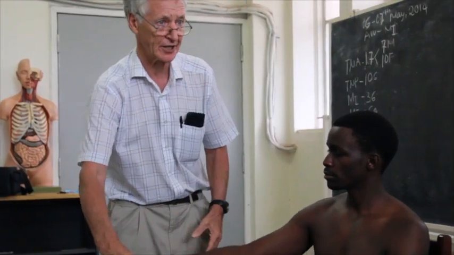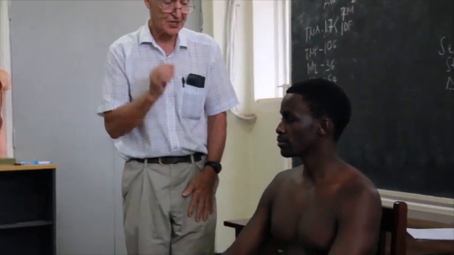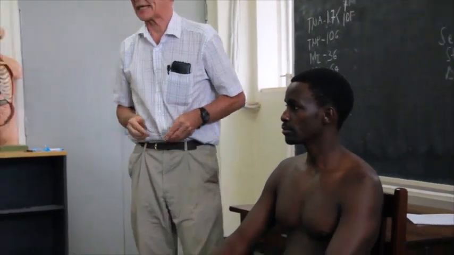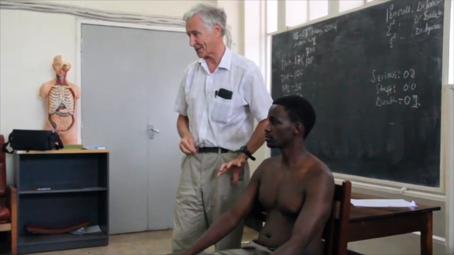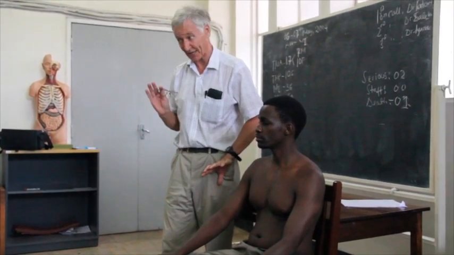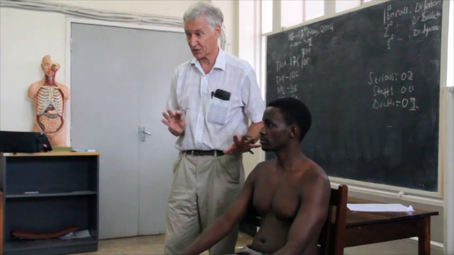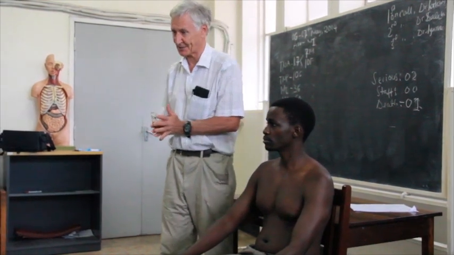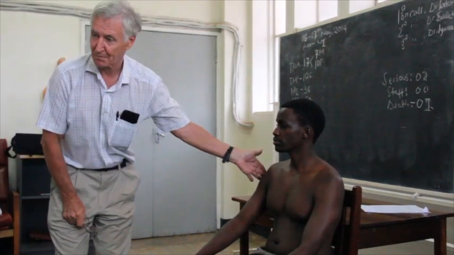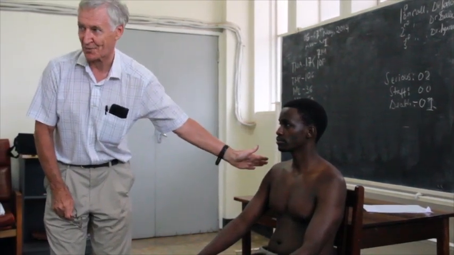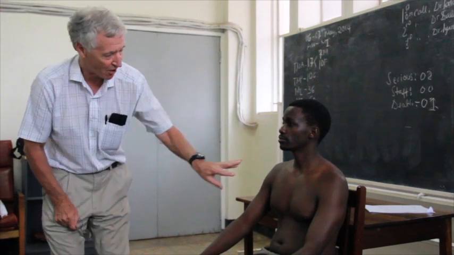Moving on to the shoulder. The shoulder is not easy, again because it's covered with the deltoid muscle, and swelling may not be apparent. Now, the shoulder is important to inspect. You inspect it from the front, and that's where you may see prominence of the acromion process. You may see wasting of the deltoid, or a deformity.